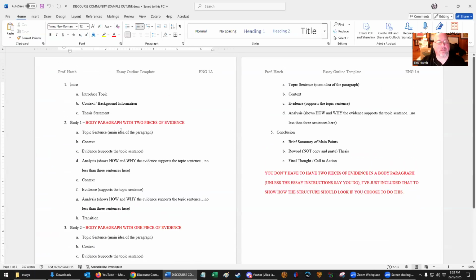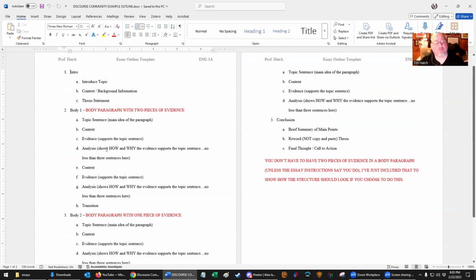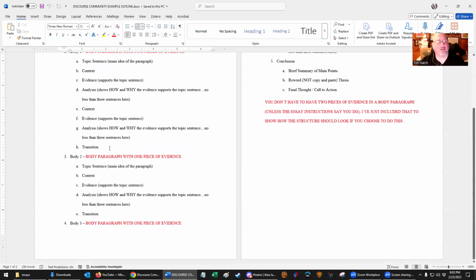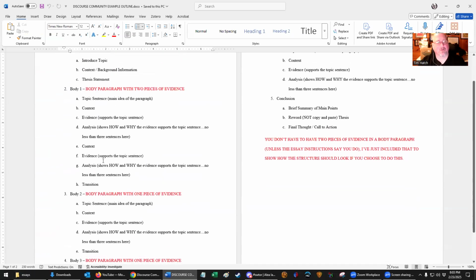Going to the outline then. This is a five paragraph essay. In this first paragraph, you can see that I've got two pieces of evidence being used here instead of one. The evidence is always in the middle of a body paragraph unless you use two pieces of evidence, in which case it's always going to be in the middle of the context and the analysis.